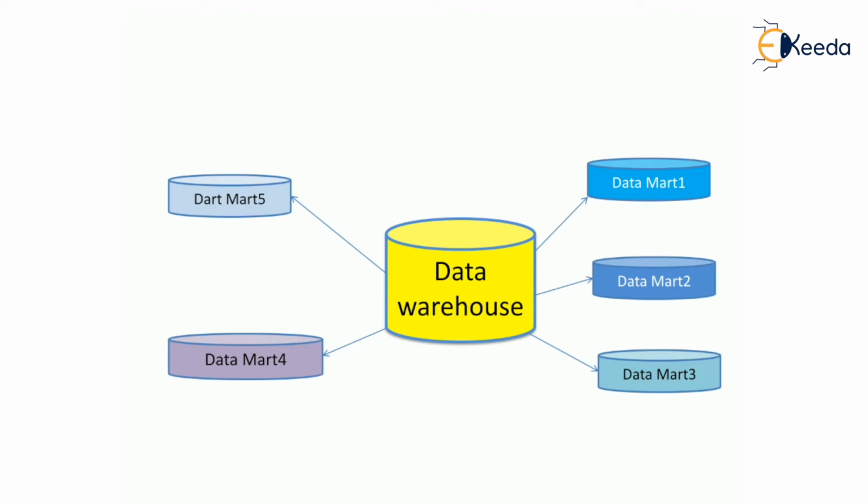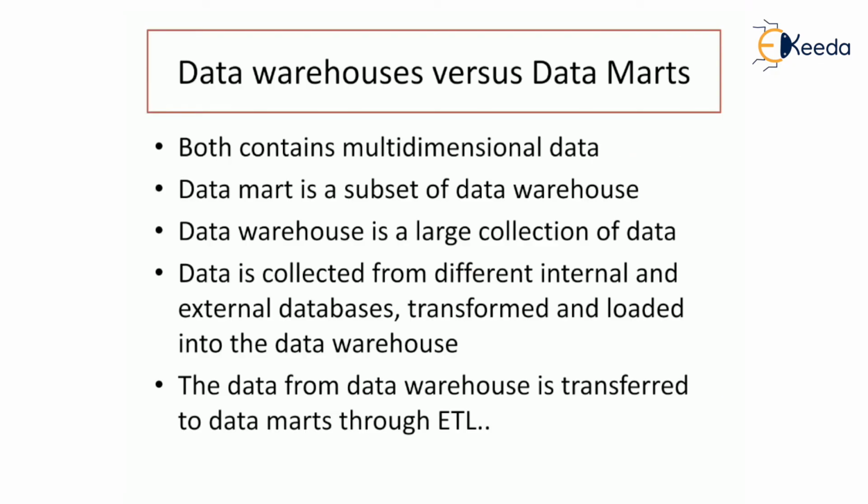Data marts contain a subset of data warehouse data. Now we see both contain multidimensional data. The data mart is a subset of the data warehouse. The data warehouse is a large collection of data, as we know, so its subset is divided into data marts.